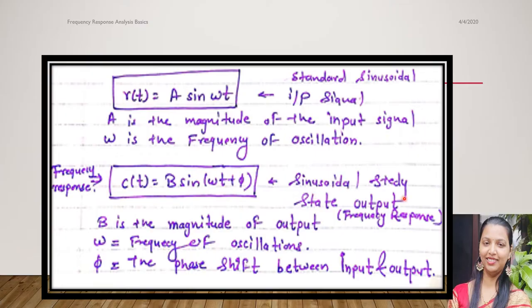steady state output, that is c(t), and c(t) is given by the equation c(t) = B sin(omega t + phi), where B is the magnitude of the output, omega is the frequency of oscillation, and phi is the phase shift between input and output.